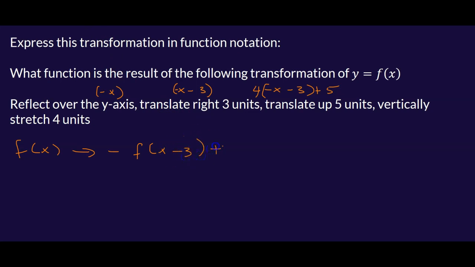Translate up 5 units and vertically stretch by 4. So that is going to be the function representation of this described transformation. You can see that once you understand how all these different transformations work, it's very easy to put them together into a combined transformation.